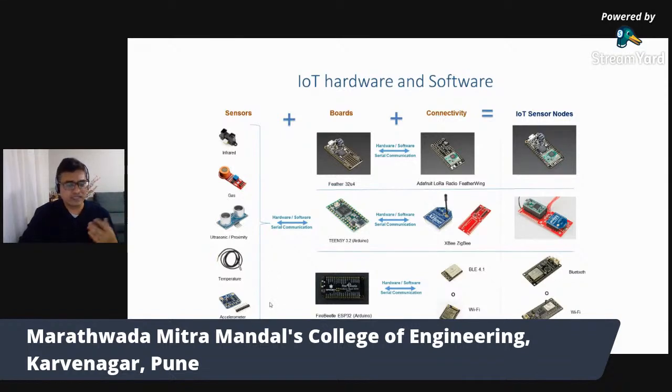You have an accelerometer, gyroscope, etc. On the left hand side, it shows you a variety of sensors. In the middle, you have all these boards. You can see here you have a Zigbee, and you have a Wi-Fi board.